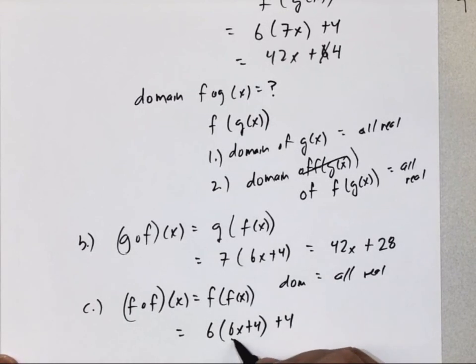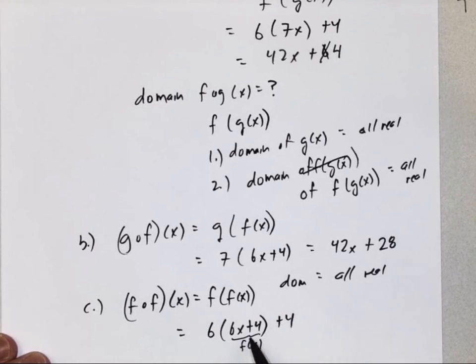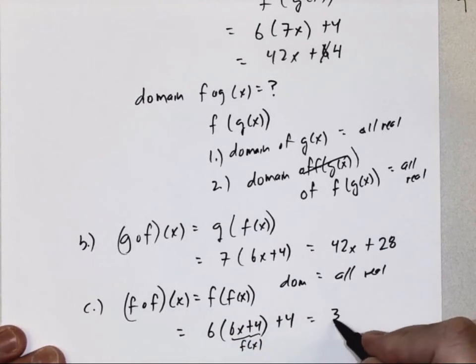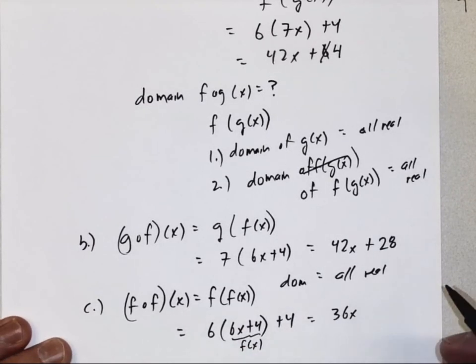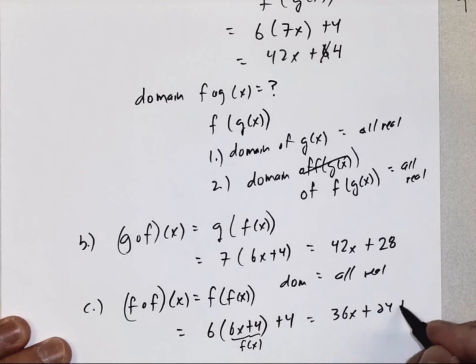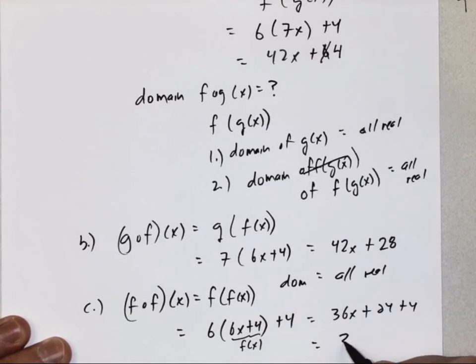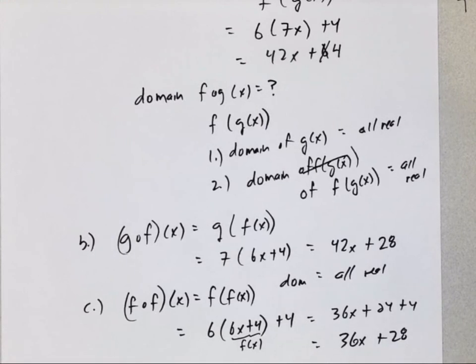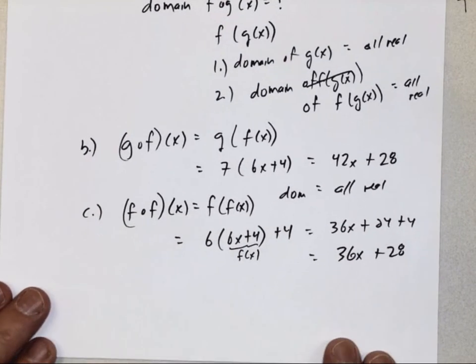Because this is my f function, and I had to plug it in again. So if I do the math, 36x plus 24 plus 4, 36x plus 28. If I look at the domain of the inside function, it's all real, and outside all real. For C, the domain is all real.